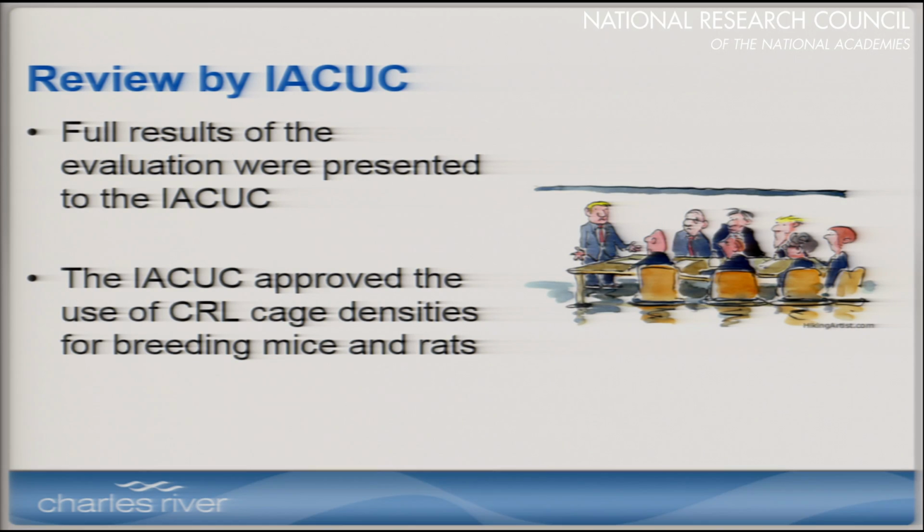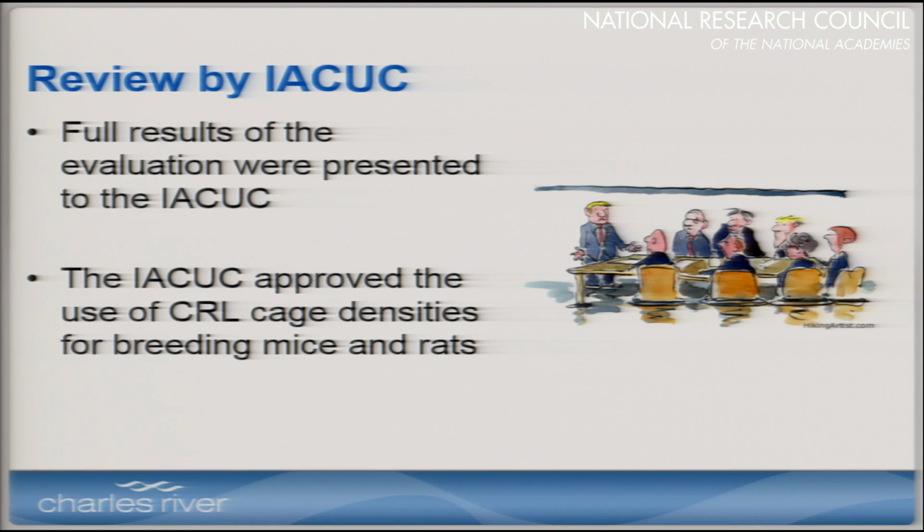So the full results, more than I've shared with you today, were presented to our IACUC. Obviously there was some discussion, and the IACUC ultimately approved the continued use of our internal CRL cage densities for breeding of mice and rats. So this process from start to finish, I think, was fairly deliberate and well planned. It was an extensive research evaluation.